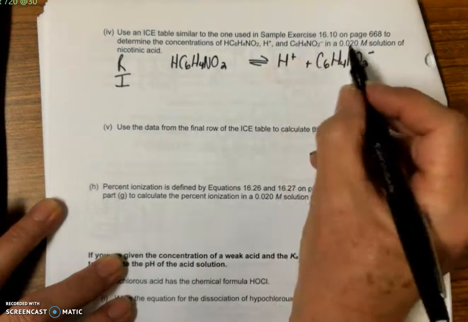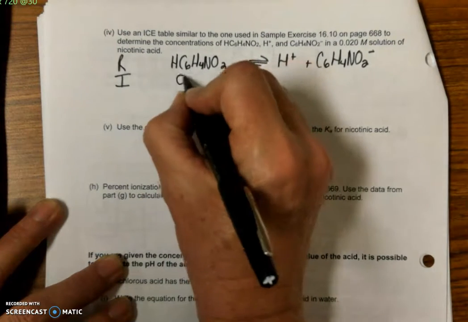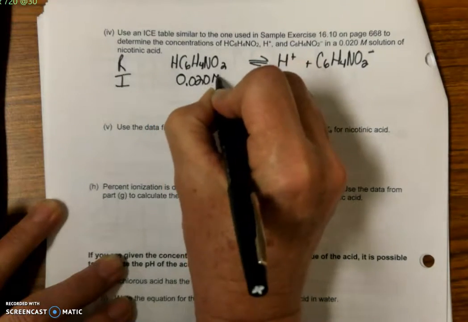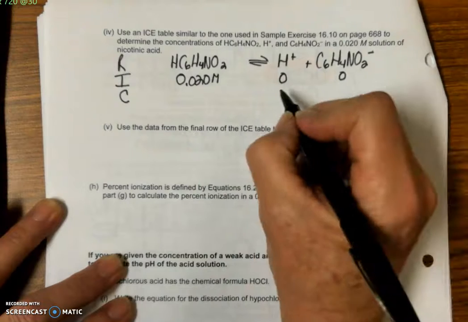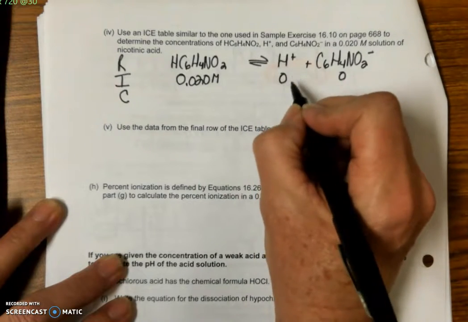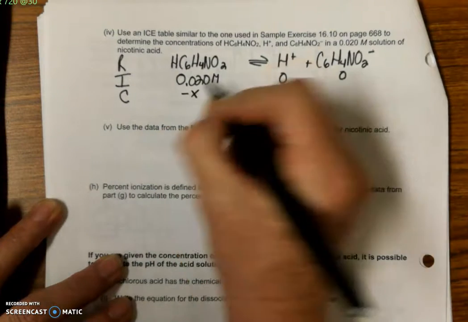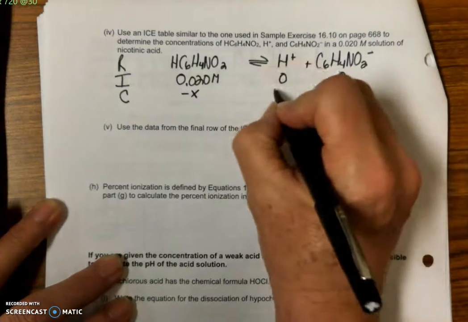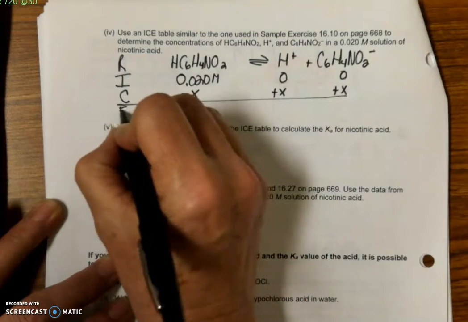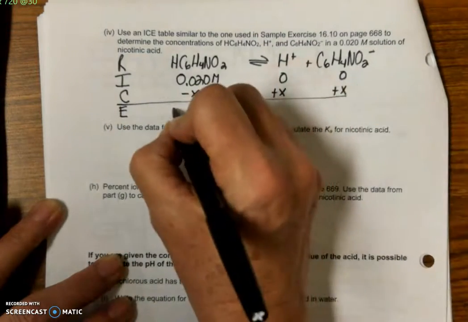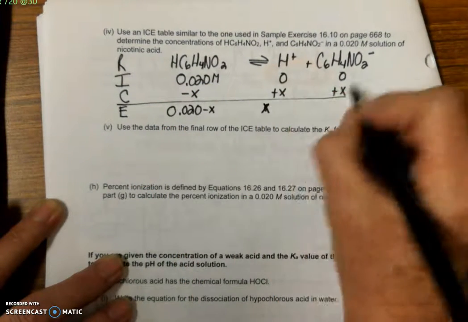The problem says I have this much nicotinic acid, and I don't have any of those. My change: this is minus X, this is plus X, this is plus X. So my equilibrium concentrations are 0.020 minus x, x, and x.